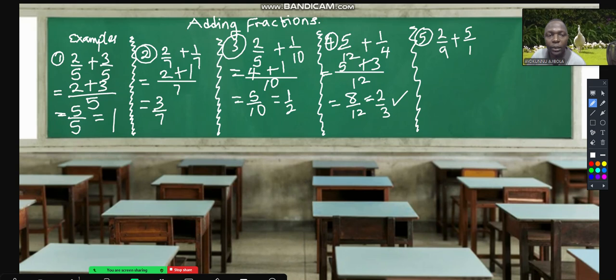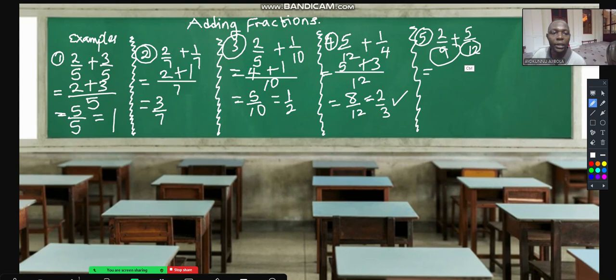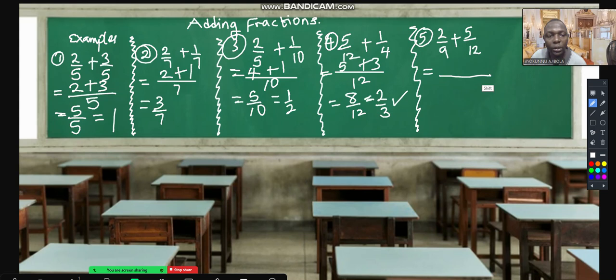So here we're going to look at the two denominators. The biggest is 12, but it's not a multiple of this one. So here you're going to look for the next multiple of 12. That's 24, but it's not a multiple of 9, so you can't use 24. What's the next multiple after 24? That's 36. Yeah, 36 is a multiple of this, so you can use 36.